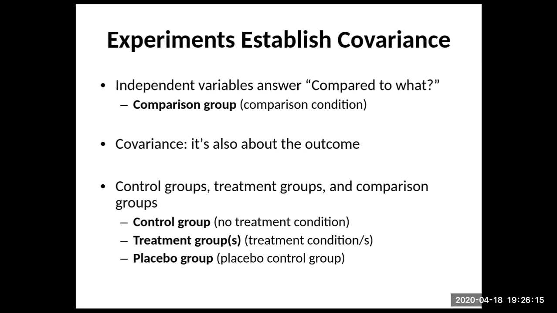So we would inject some of them with actual PCP, but if we were running a control, we would use a placebo group that got injected with saline or salt water, because it could be that they acted differently just because they got injected. If you inject one half of them with PCP and the other half you don't inject at all, the difference could be just the fact that they didn't get injected at all. So in order to make it as controlled as possible, we use a placebo group.